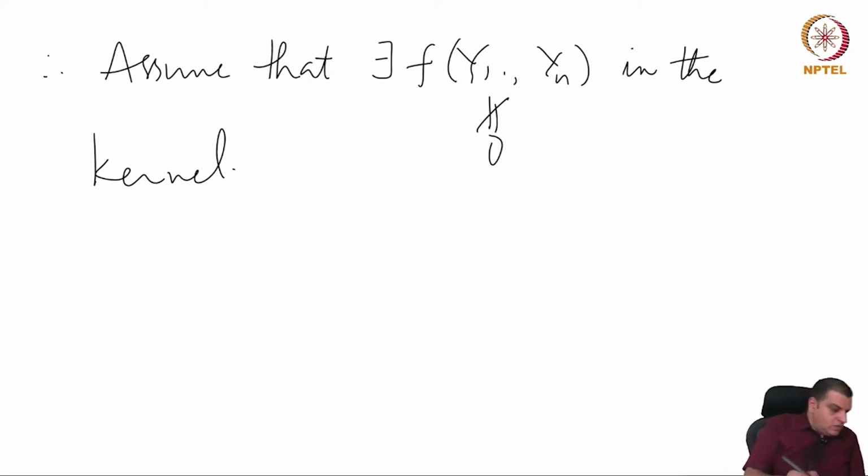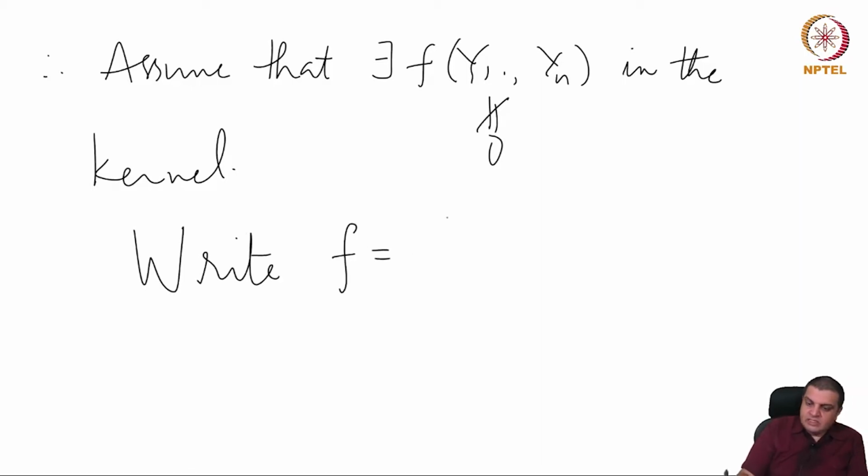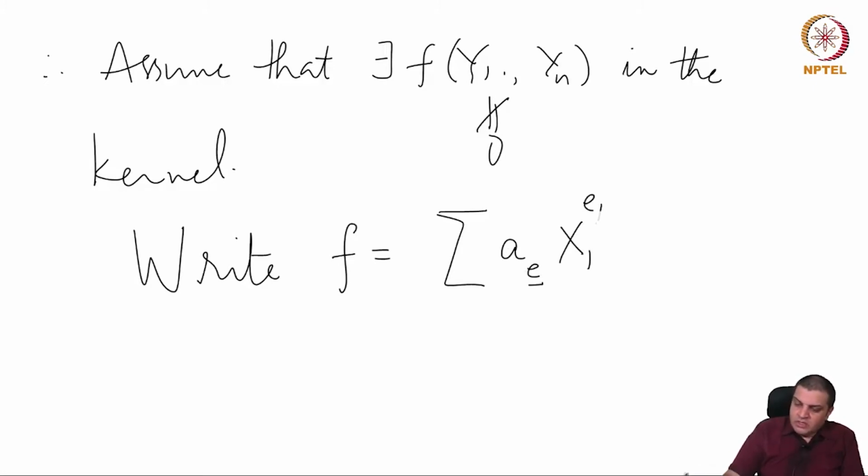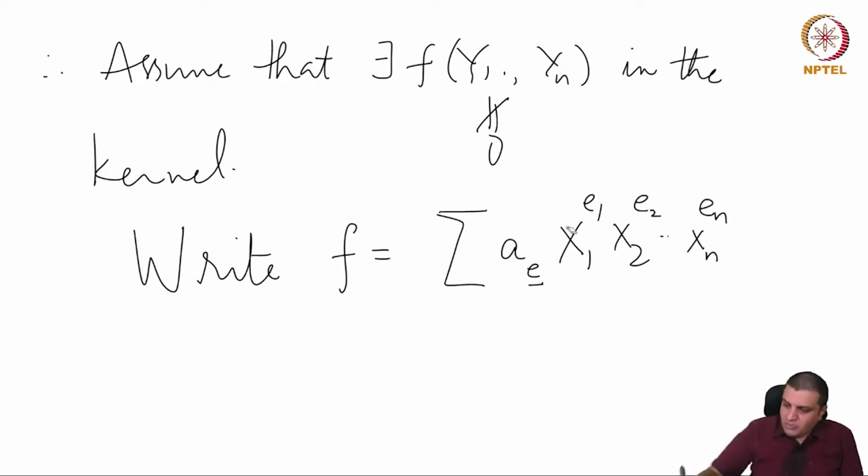Okay. So now let's write f as a sum of some coefficients alpha_E times y1 to the e1 through yn to the en, where E is this n-tuple e1 through en and the y's are the variables.